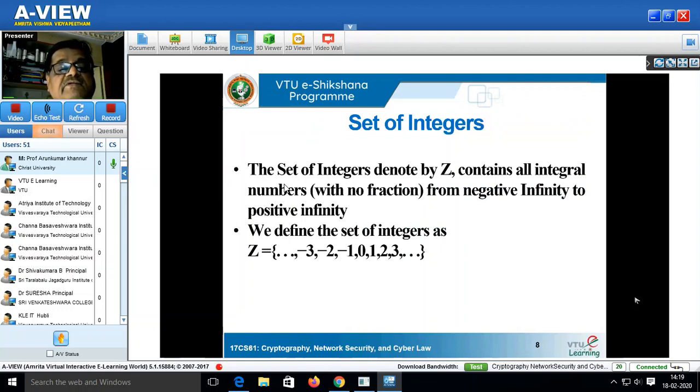The set of integers is usually denoted by capital Z. It contains all integral numbers with no fraction, from negative infinity to positive infinity. We define the set of integers as Z equal to, opening curly bracket, minus infinity up to plus infinity.